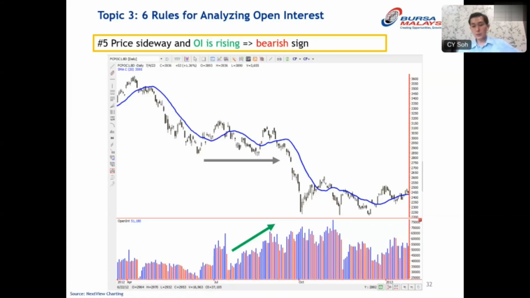Rising open interest in the sideways usually assumes that hedgers are taking the short position. Hedgers want to protect themselves, so most of the time hedgers would take a short position to protect against price coming down. That is why you can see there would be an increase in open interest.